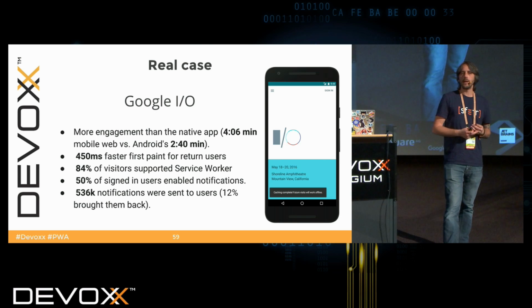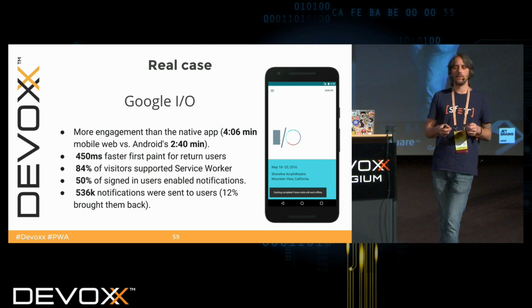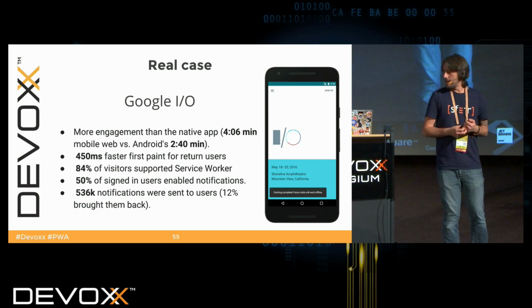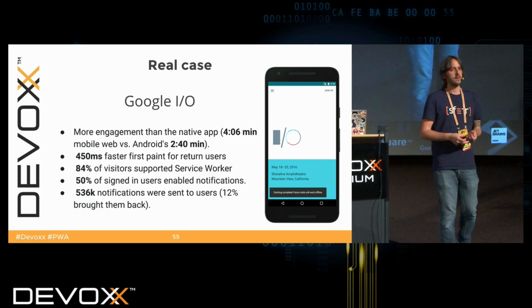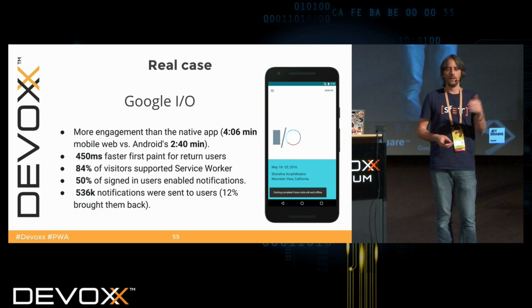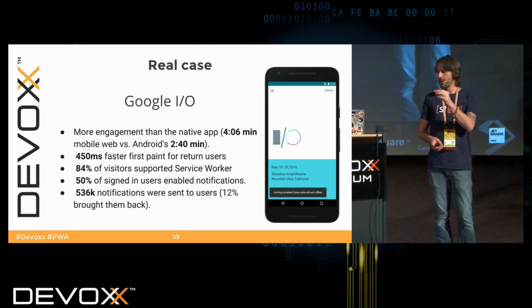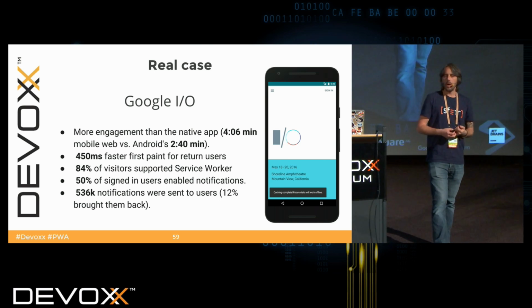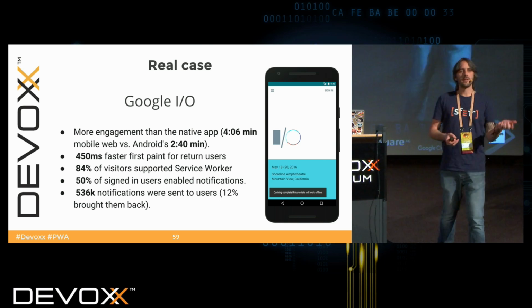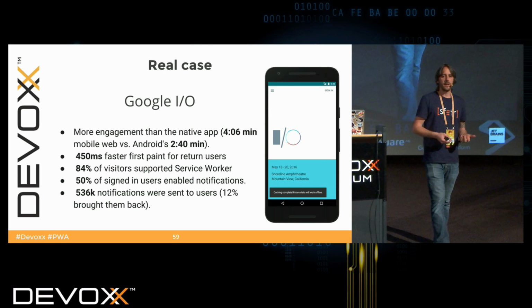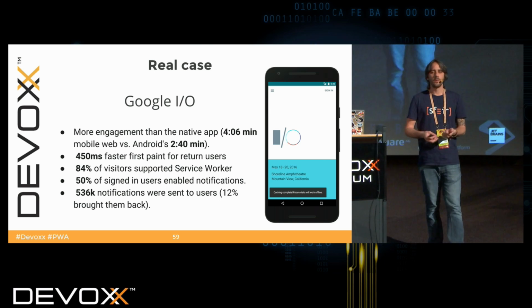They decided to make their web application progressive. That means that for users who went to the event, and who have all the characteristics we showed you, they were able to use this application offline. They were able to install this application on the home screen, and they had a lot of the features of a progressive web app.